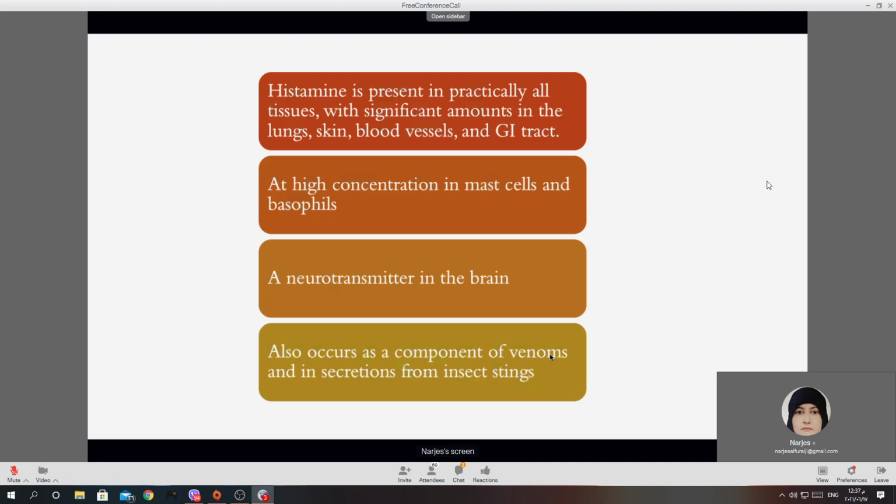The highest amount of histamine can be found in mast cells and basophils. It's also found in the brain through H3 receptors and can be found as a basic compound of venoms and in the secretion from insect stings.